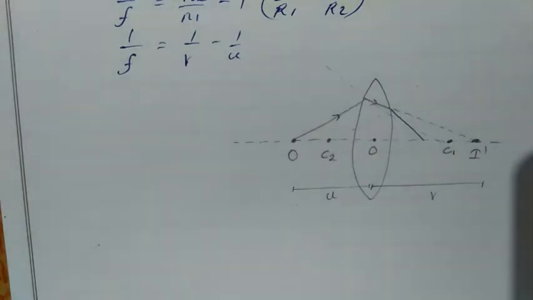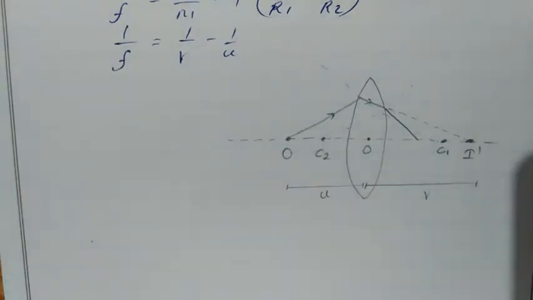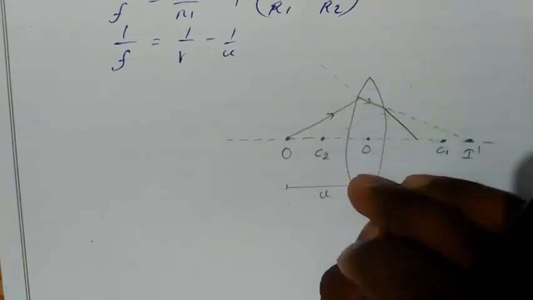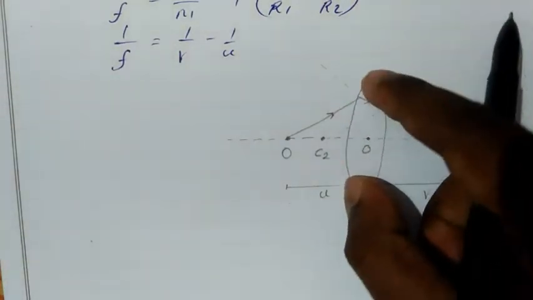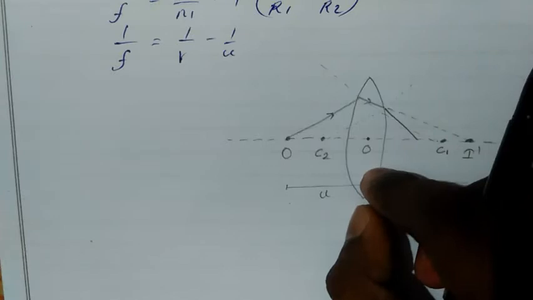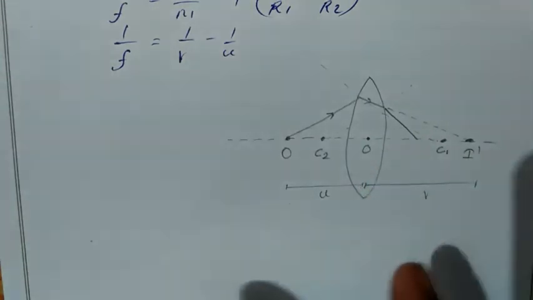So we will solve. We know the formula of refraction through a spherical surface. We solved one derivation, refraction through a spherical surface. Here we have one curved surface, here we have another curved surface. We attach these two and it becomes a lens.